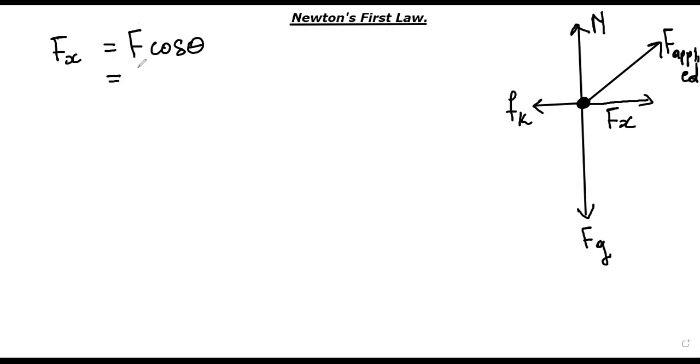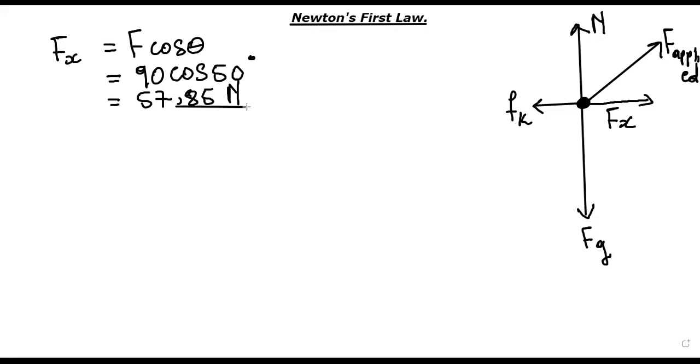Now we say the magnitude of the force itself is 90 newtons, and then we multiply this by the cosine of 50 degrees. So if you go to your calculator and say 90 cos 50 degrees, you simply get 57.85 newtons.